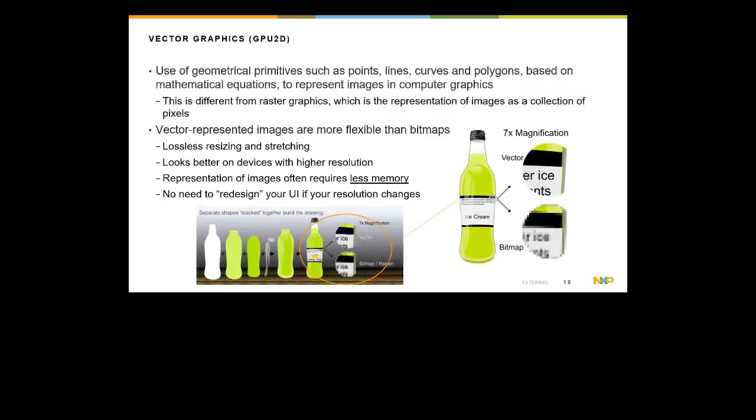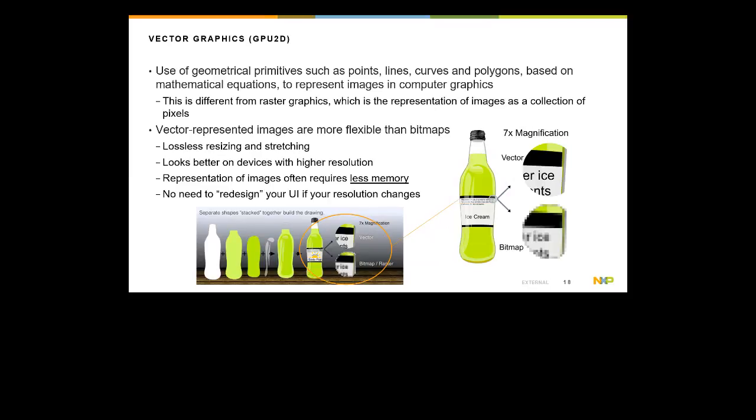So most of you are probably familiar with the fact that vector graphics uses geometrical primitives, basically mathematical equations, to represent images within computer graphics, which at least in the world of microcontrollers is quite different from what is traditionally used as raster graphics, where we're just having a collection of pixels.